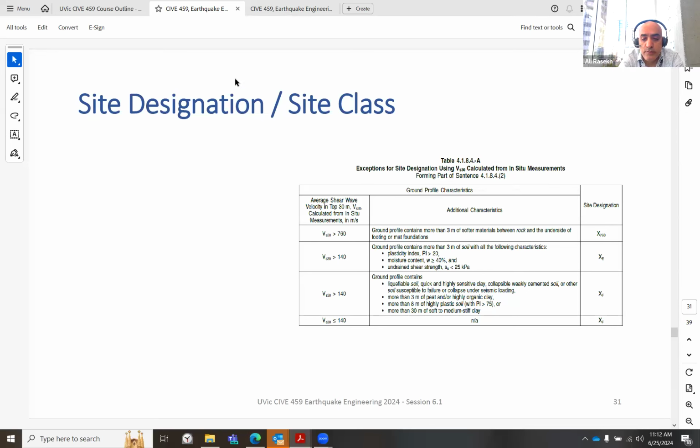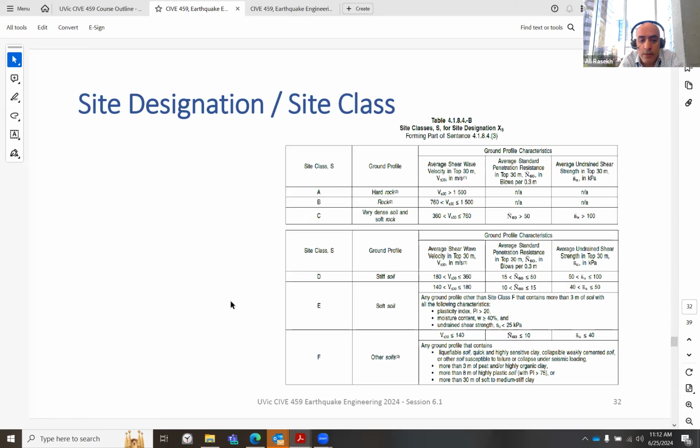Yeah, so the shear wave velocity and how it correlates with site designation. I'm less interested in that. I have not fully grasped why we need a site designation, but just for your knowledge, what we were raised with has been site class in US, in Canada, overseas.